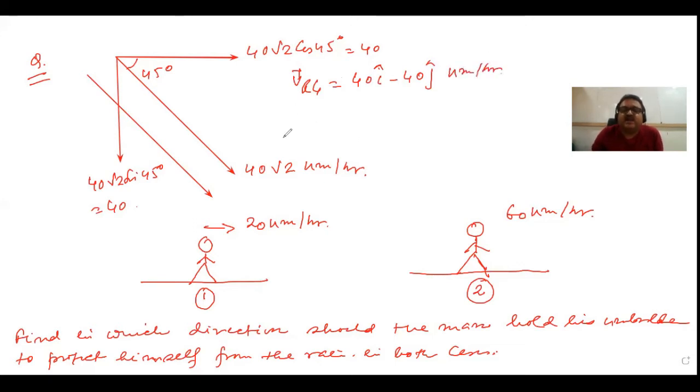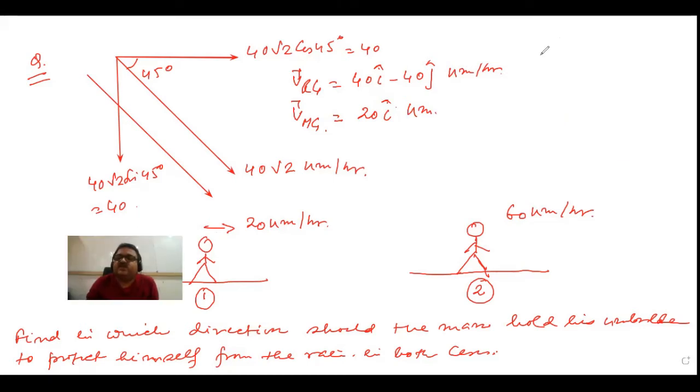Now, man is moving towards positive x-axis. So velocity of the man with respect to the ground in situation 1 is 20 i cap kilometer per hour. Now, what is the velocity of the rain with respect to the man in case 1?